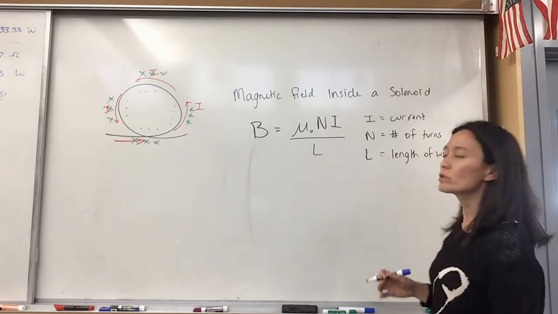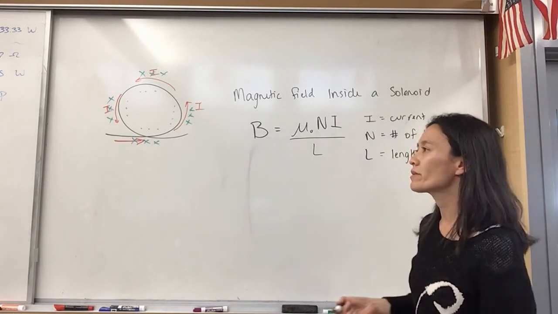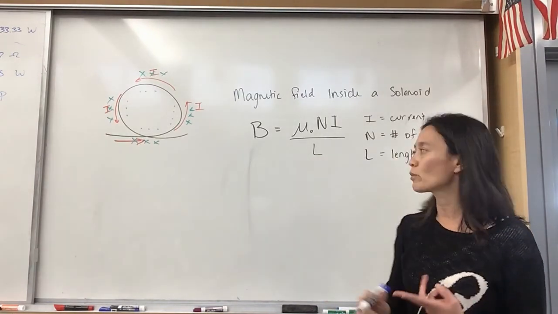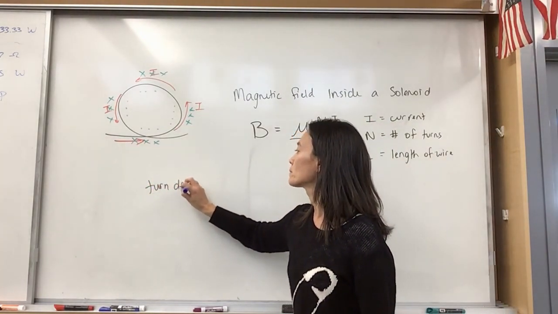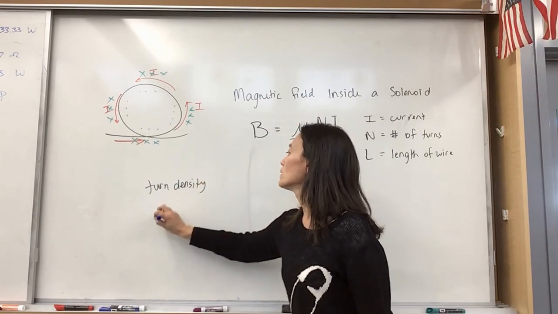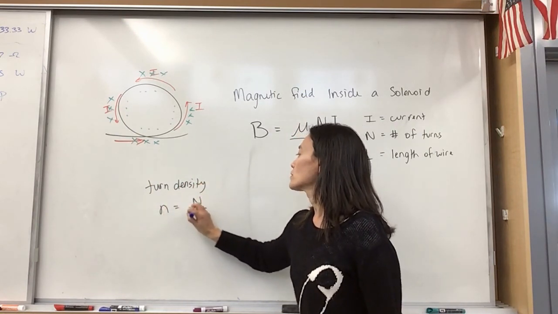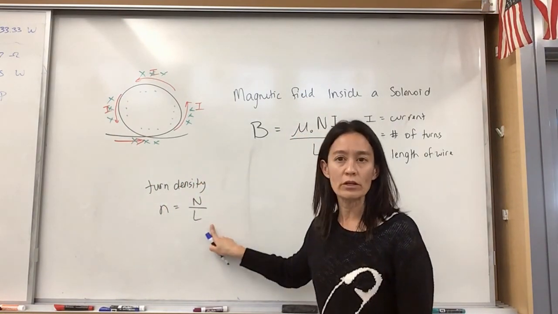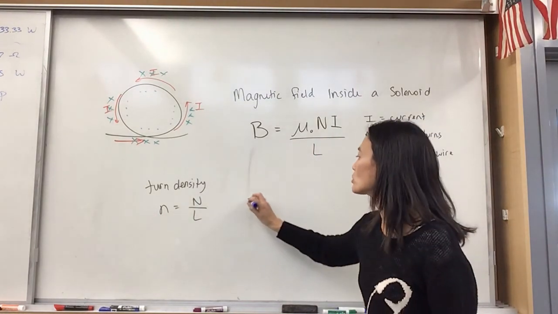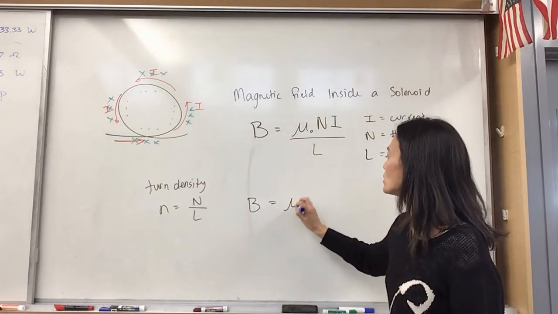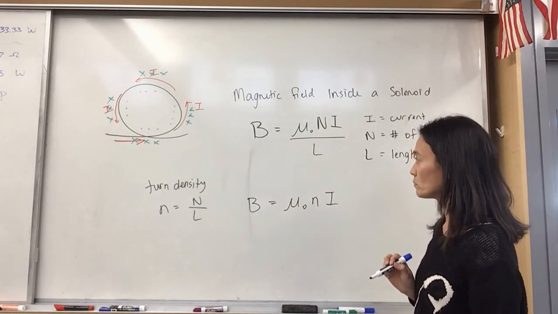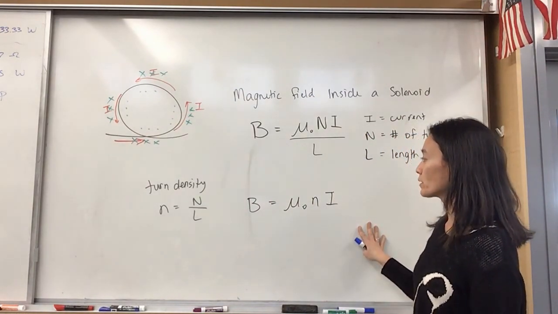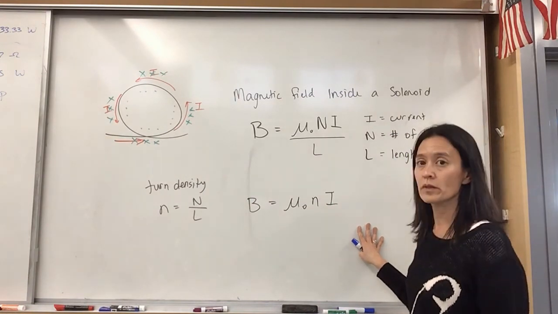Oftentimes when you are given a solenoid, rather than being given the number of turns and the length of the wire, you're given what's called a turn density, which is just the number of turns per meter. And so then our equation would just become B equals mu naught n I. Okay, so this is how you'd figure out the magnetic field of a solenoid.